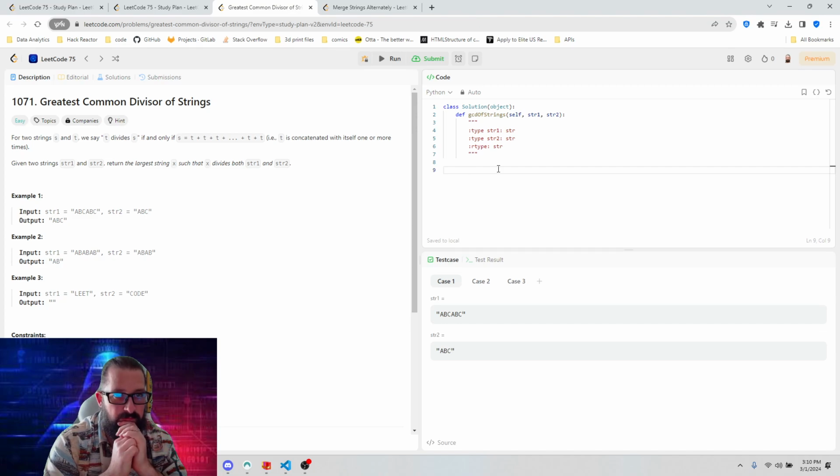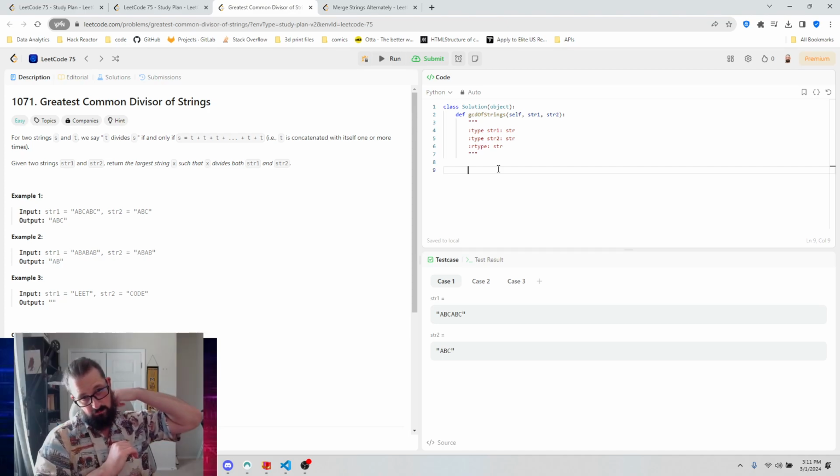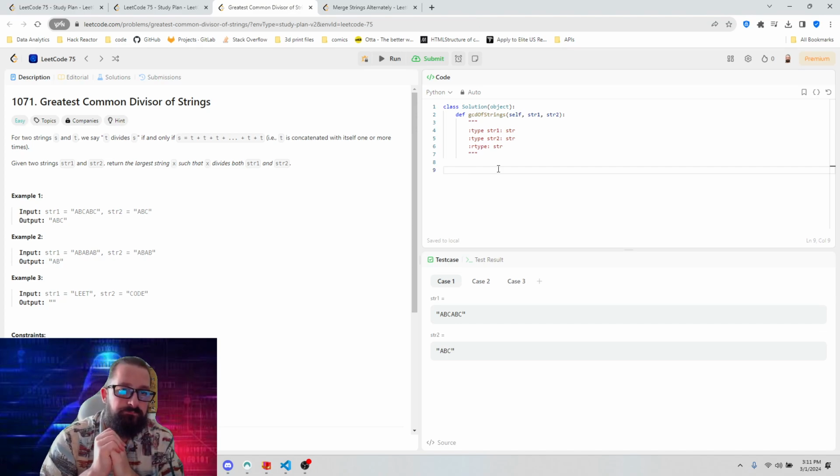What if, can I just cut it in half? Because if it was a 3, like if AB were the smallest one, I can't just cut that in half. But I can start dropping letters.